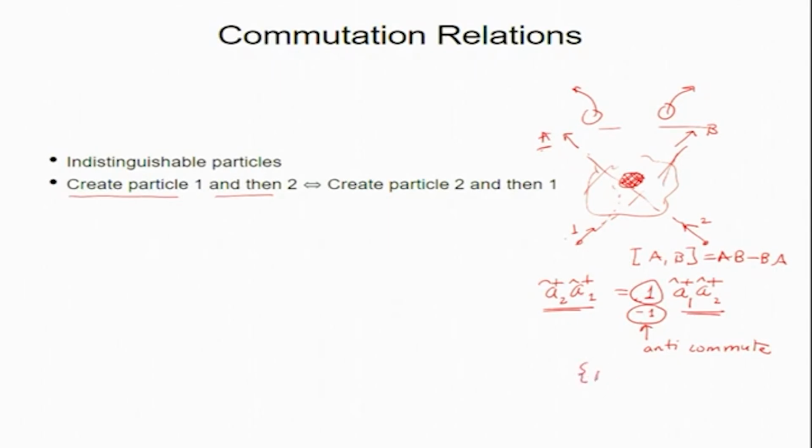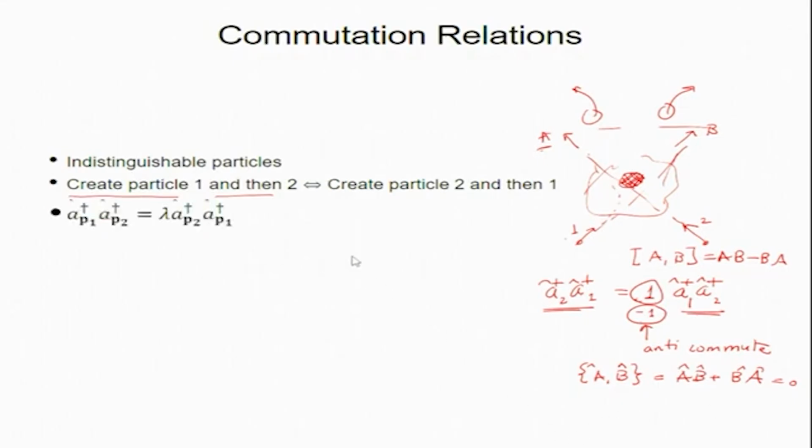We write curly braces A, B, which is AB plus BA. If A and B are operators that anticommute, then this will be 0. So fermion operators anticommute. This is new. I believe if you have not done field theory, this is the new thing you learn in field theory.